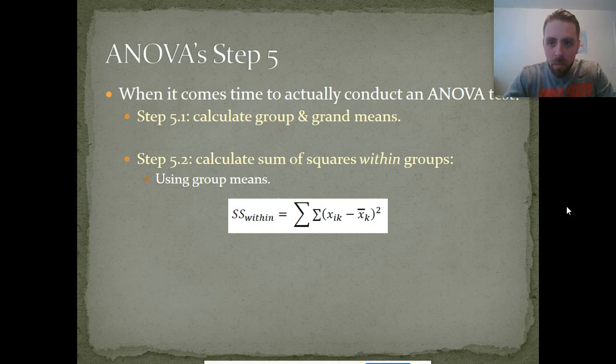I will repeat that to make sure it's clear. I take the sum of squared deviation from the group mean for the first group, do it again for the second group, do it again for the third group, and then add them all together. And that is the sum of squared deviation within the group.